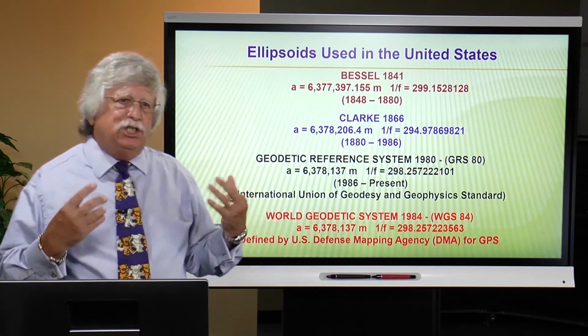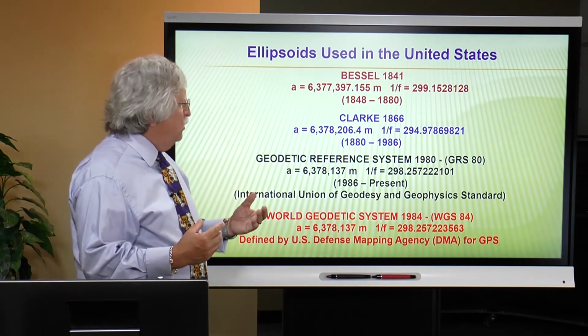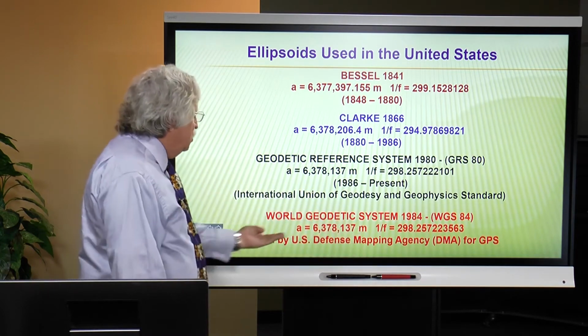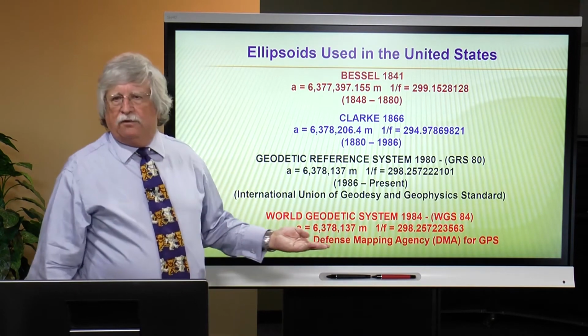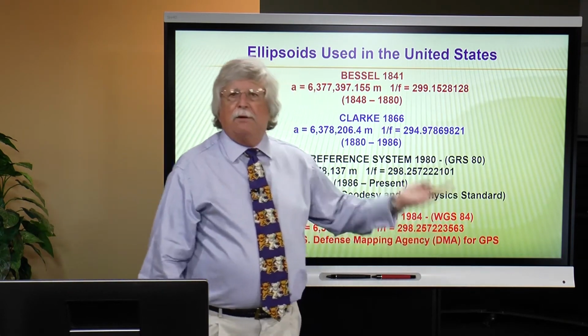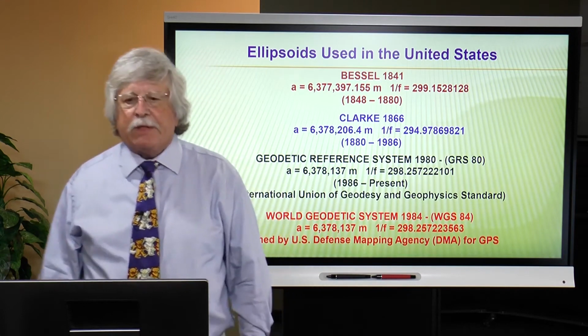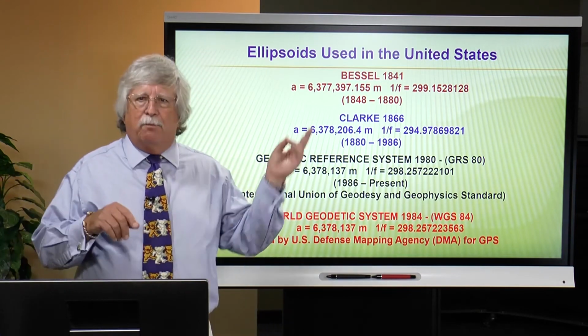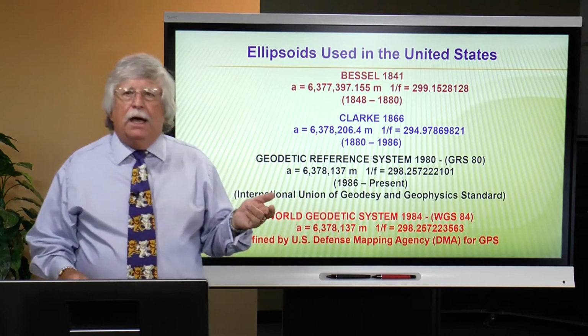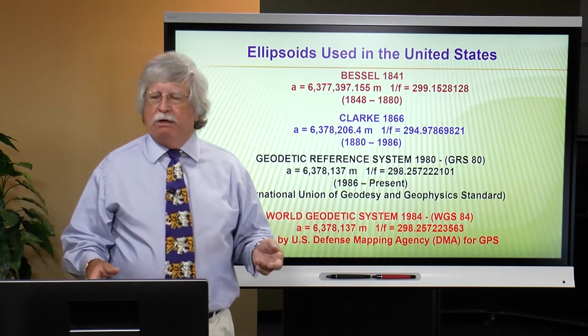I then went back and changed the computation to reflect the values from WGS 84. I didn't need to change the semi-major axis because it's identical. I changed simply the value for the flattening and recomputed that distance. It changed the distance from Point Barrow to the Dry Tortugas by less than 1/10 of a millimeter.